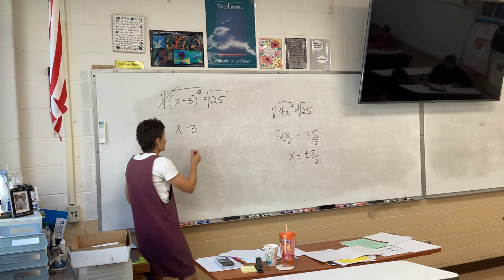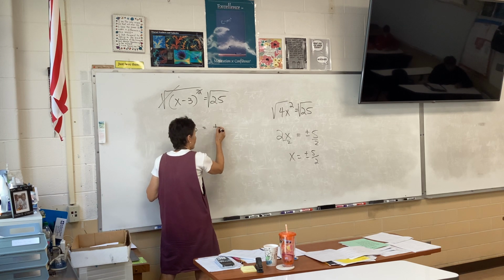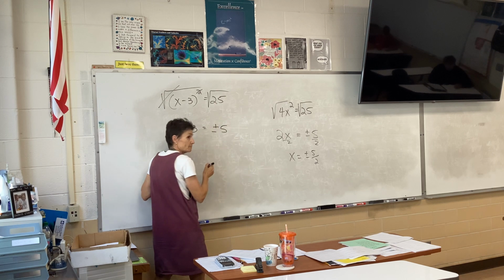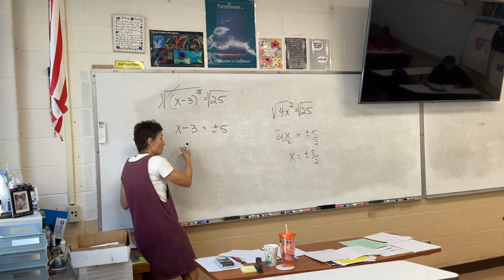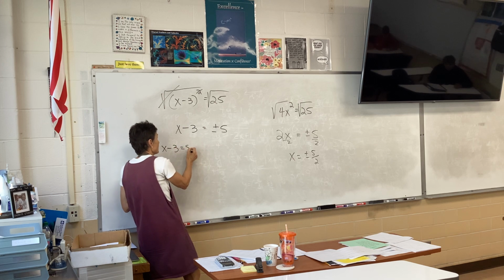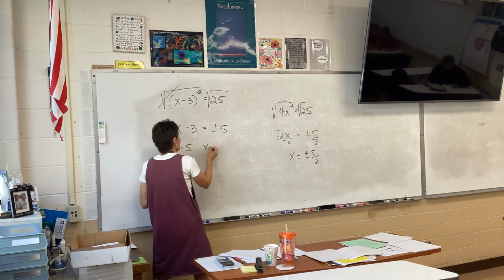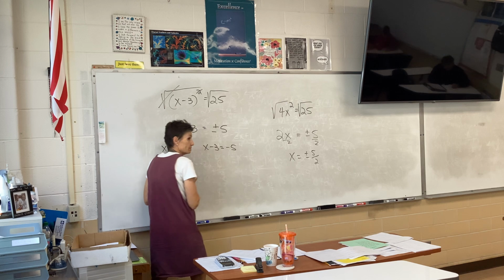So we have x minus 3 equals plus or minus 5. Now this is really two equations. X minus 3 equals 5. X minus 3 equals negative 5.